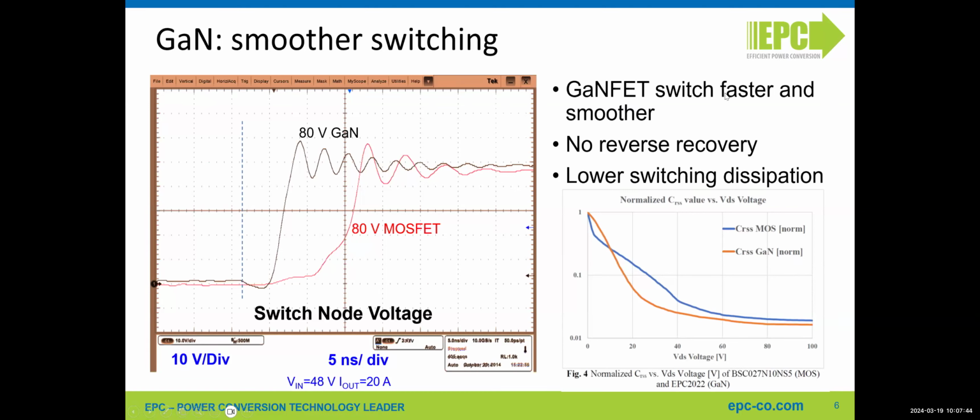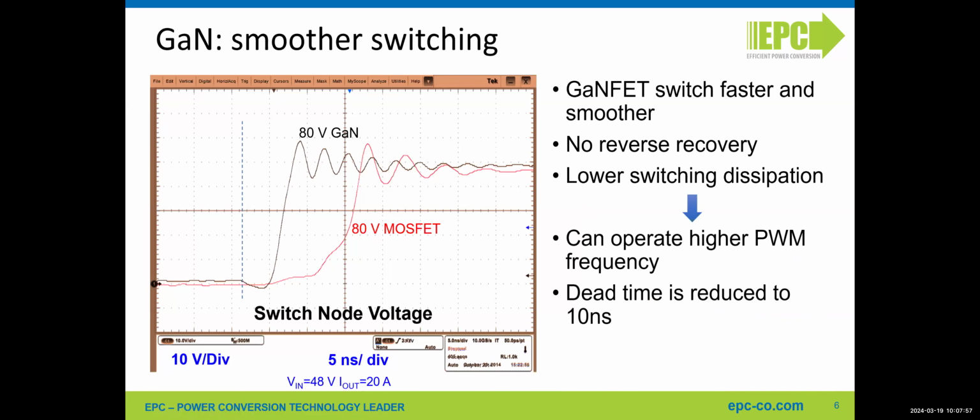And the fact that the switch is faster and smoother, and there is no reverse recovery because gallium nitride FETs do not have reverse recovery, and that there is a lower switching dissipation, this is allowing us to operate at higher PWM frequencies, and the dead time can be reduced to tens of nanoseconds.